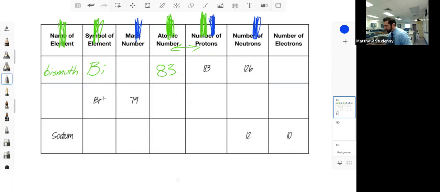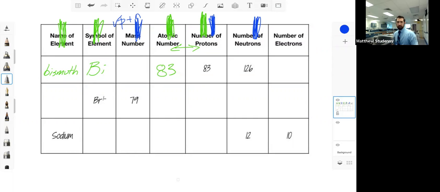Now, the big thing here is that for mass number, we will get the mass number by adding protons and neutrons. You will always have the protons to start because you've gone through and done the identification from the green column. So we know there's 83 protons here. That means that either you're solving for the mass number or you're solving for neutrons.